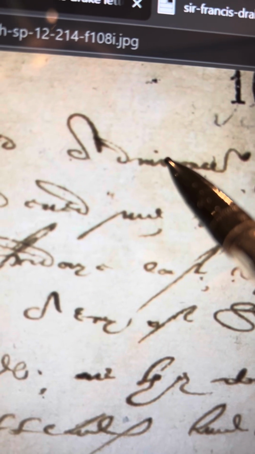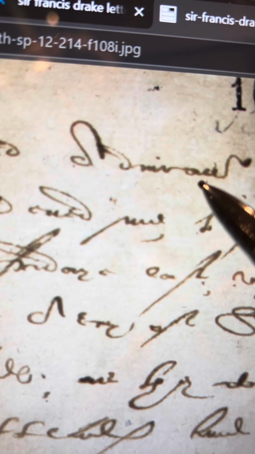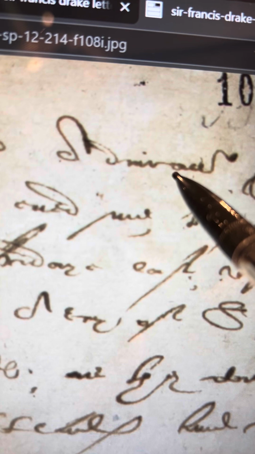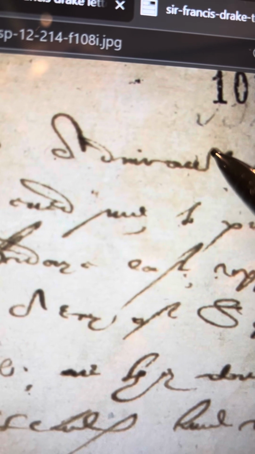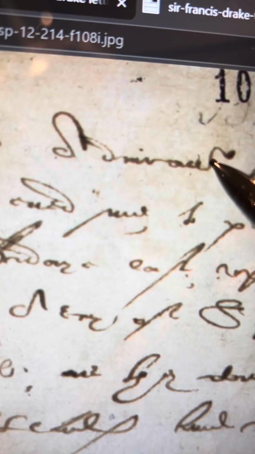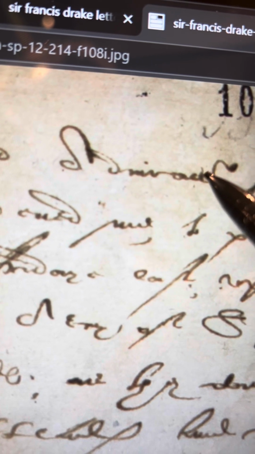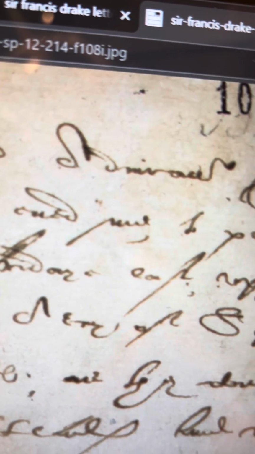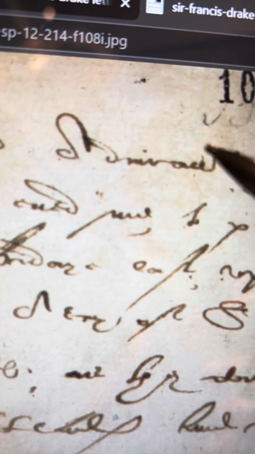And then almost like a modern day scripted R, and then a regular A, and then this is a flourishing L, but in the printed versions I've seen, they say he's written this with a double L, so you got to work with it. But anyway, it's the word admiral.